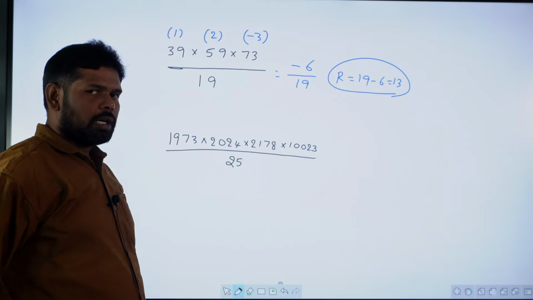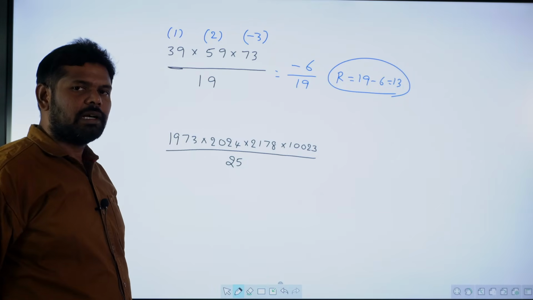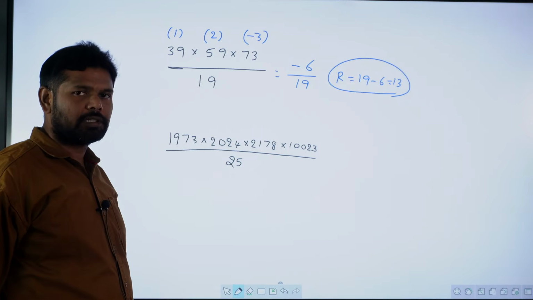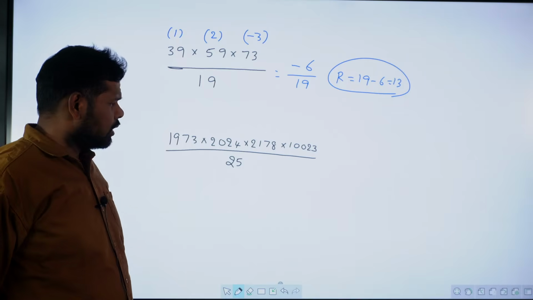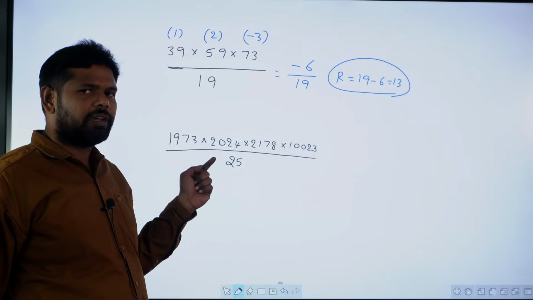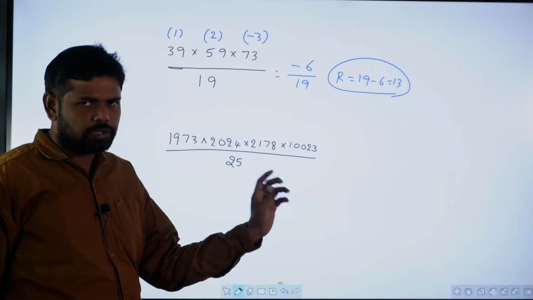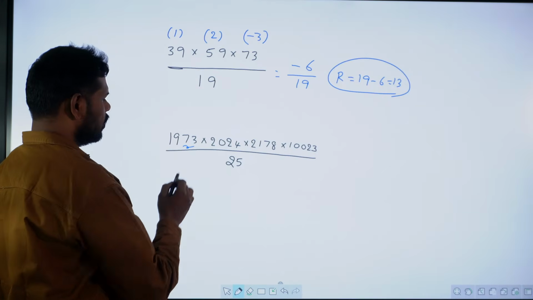You must remember one thing: if any number is to be divided by 25, the last 2 digits are enough. Similarly, to find the remainder when any number is divided by 25, we just need the last 2 digits. That's enough. Last 2 digits are 73 here.